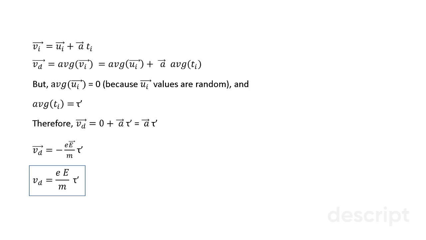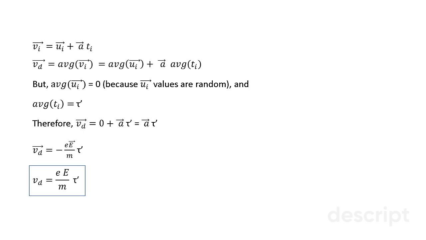Since a is the same for all conduction electrons, therefore Vd equals the average of Ui plus a into the average of Ti. But the average of Ui is 0 because Ui values are completely random, and the average of Ti is tau prime, as we have used the symbol.